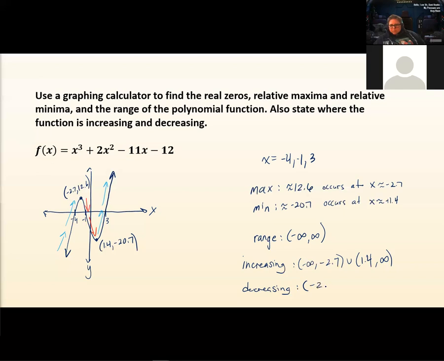Good job. Negative 2.7. Where's it go till? Where's it stop decreasing?